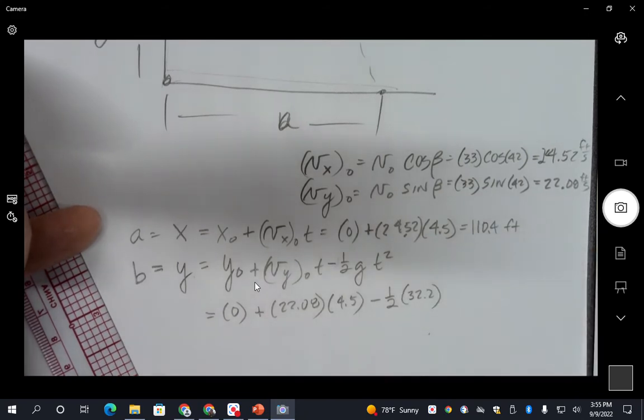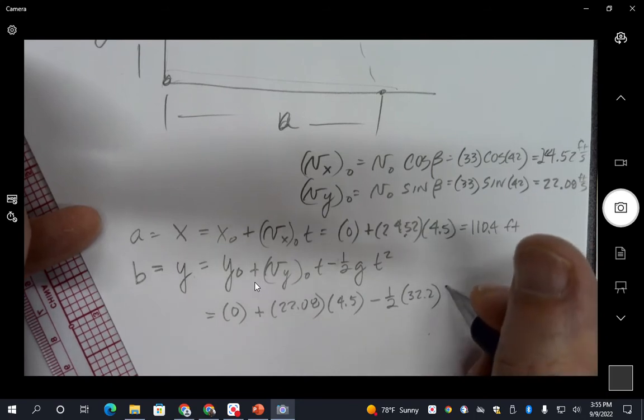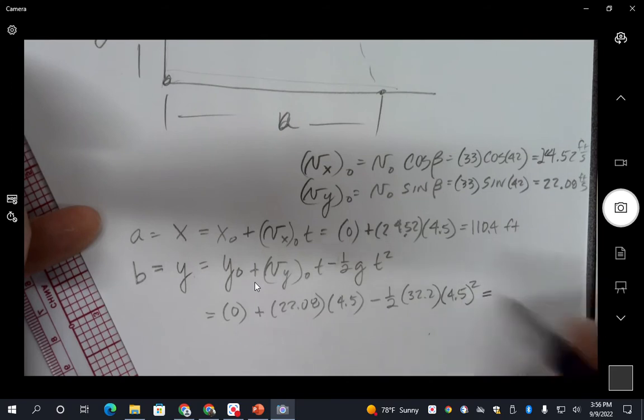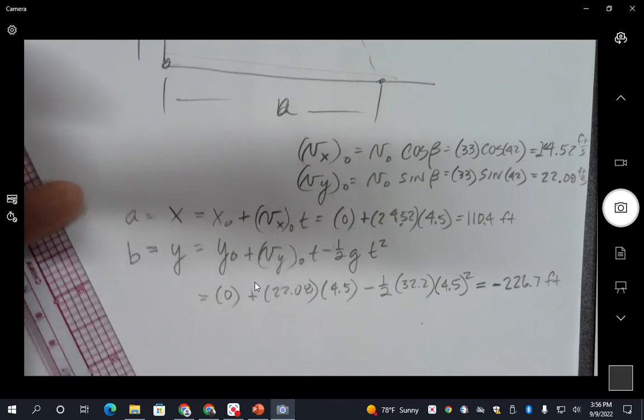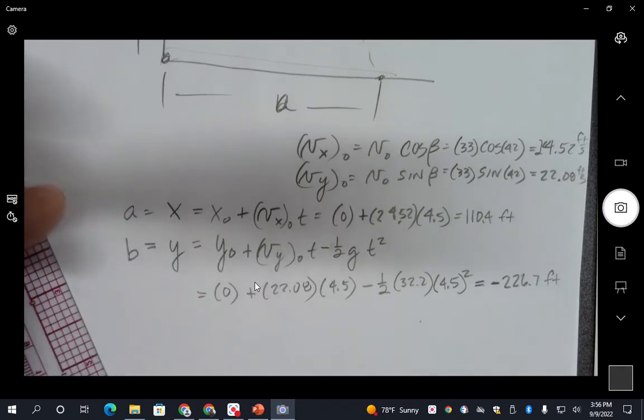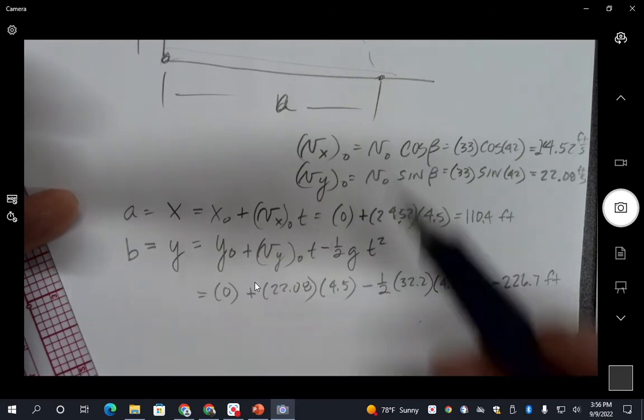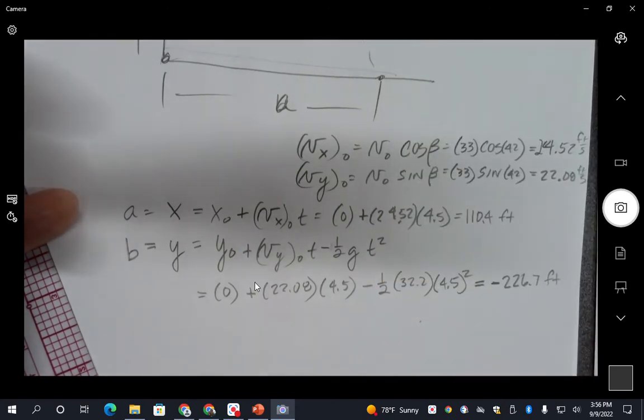People do make that mistake all the time. 4.5 squared, and so that's going to be equal to, this is a bigger number than I expected. I even put 3 exclamation points next to it: 226.7 feet. I might have changed it on the actual exam, but this was my prototype run through, because that's a lot. It's probably because my beta was pretty, I don't know.